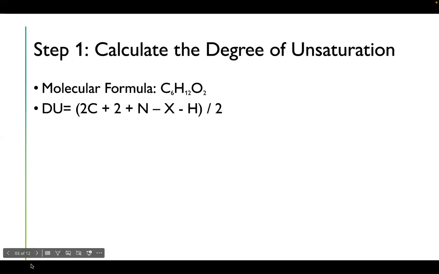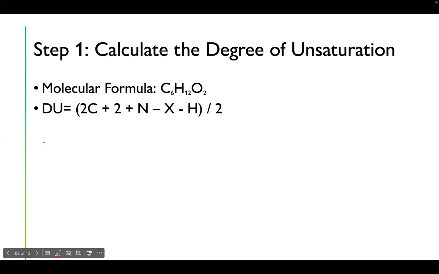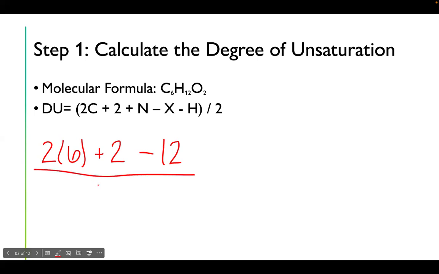Okay, so let's calculate this. We have 2 times 6 plus 2 minus 12. All of this is going to be over 2.